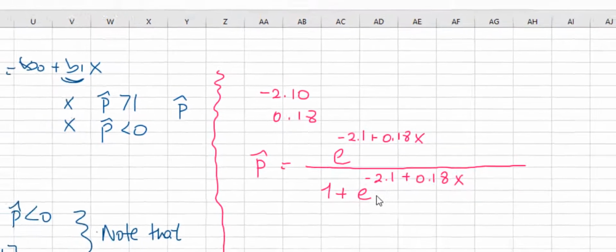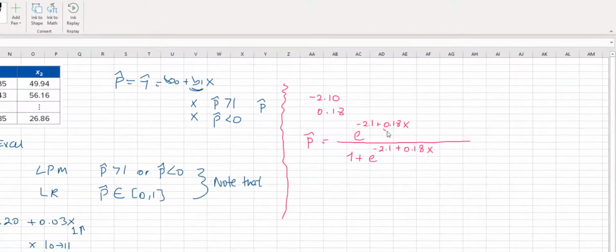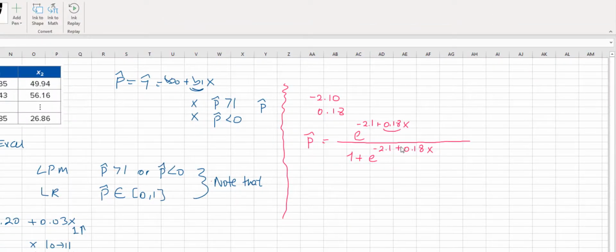Because the regression coefficient beta 1, 0.18, is positive, we can infer that x has a positive influence on p hat. However, the exact impact based on the estimated regression coefficient is not obvious. A useful method to interpret the estimated coefficient is to highlight the changing impact of x on p-hat.